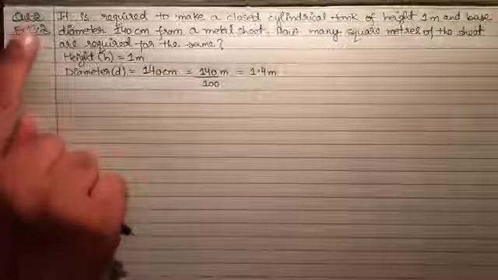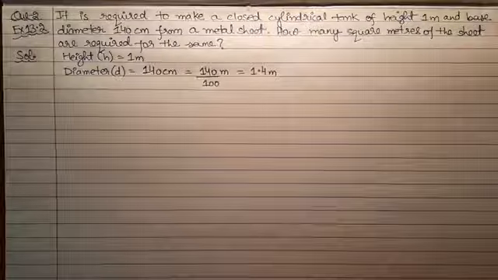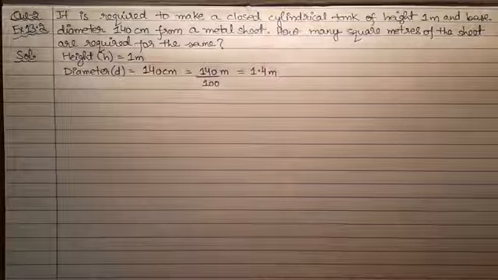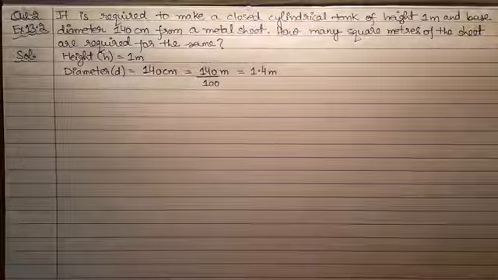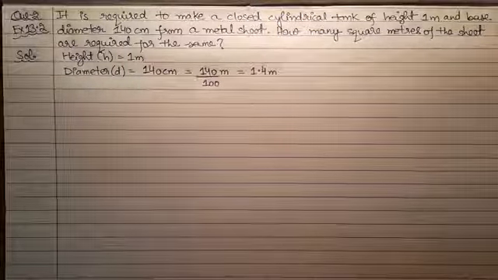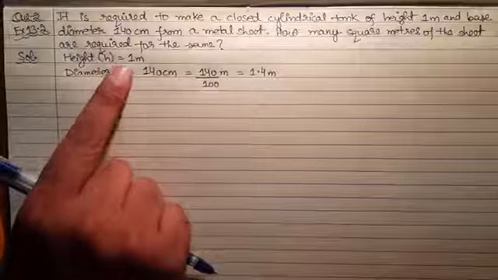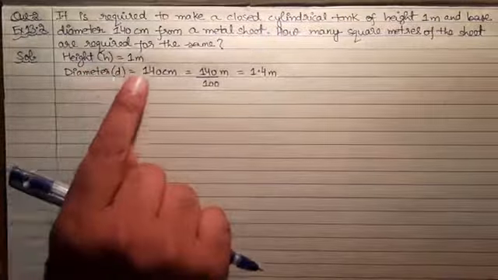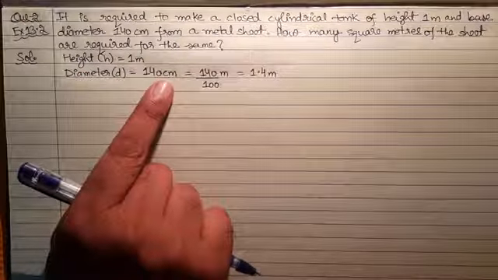Question number 2, exercise 13.2. It is required to make a closed cylindrical tank of height 1 meter and base diameter 140 centimeter from a metal sheet. How many square meters of the sheet are required for the same? Here, height of cylindrical tank is given 1 meter and diameter is given as 140 centimeter.